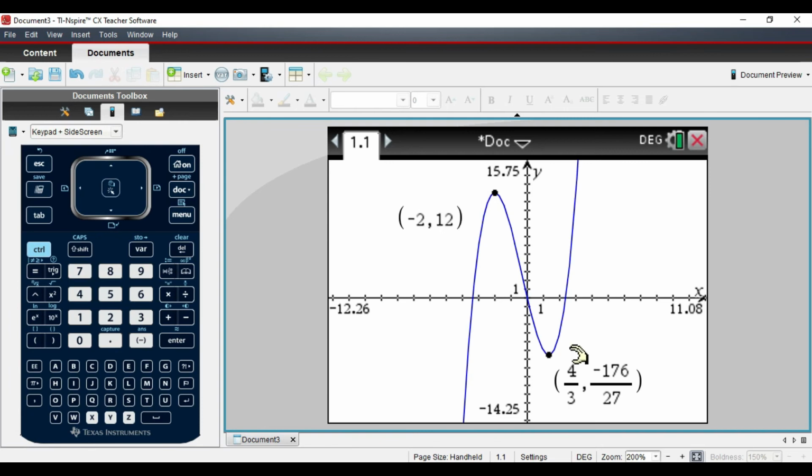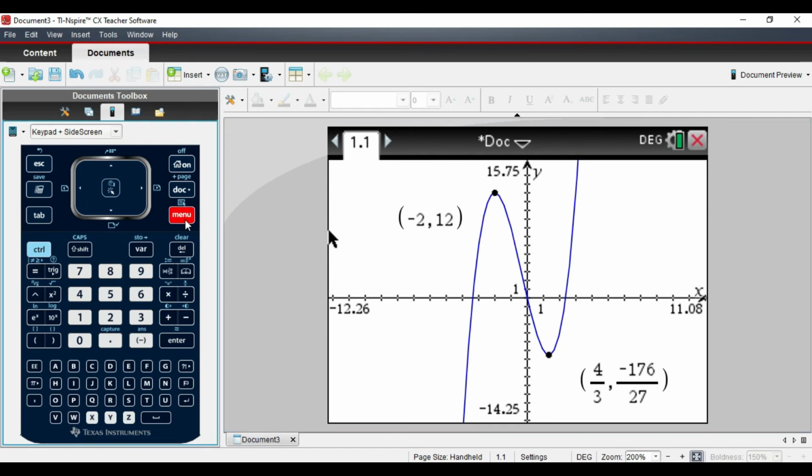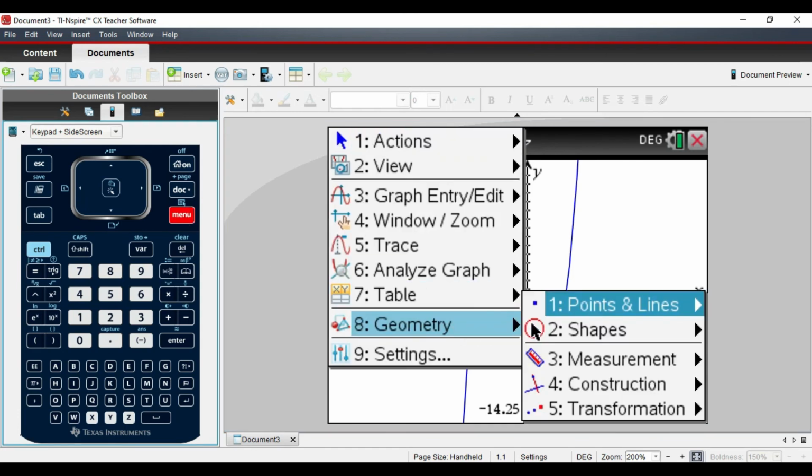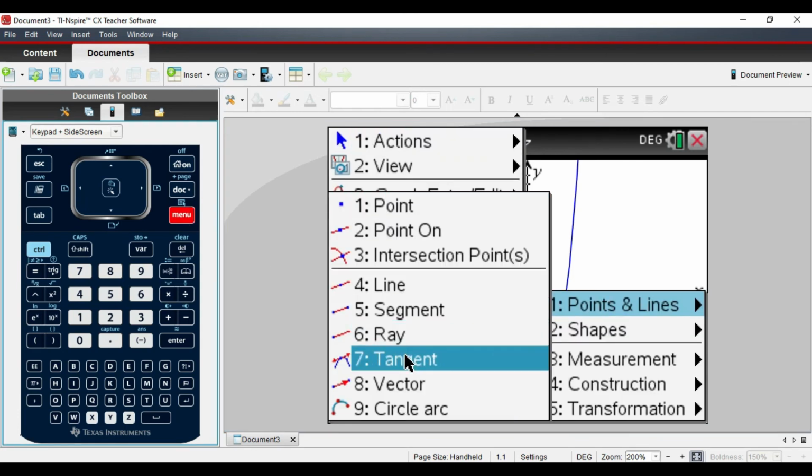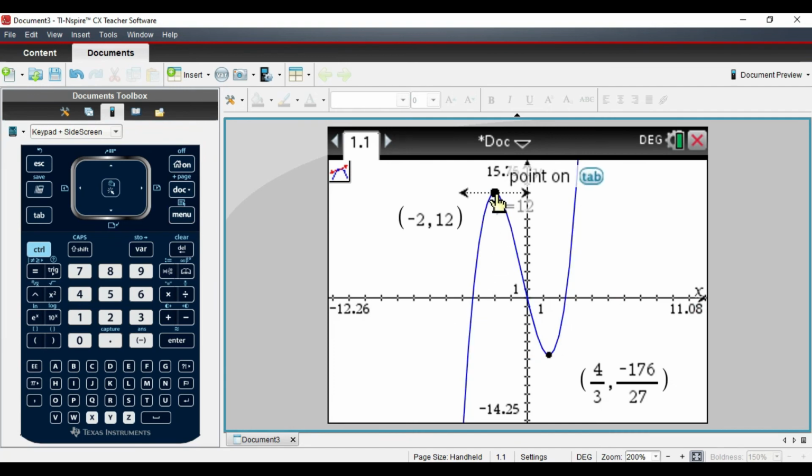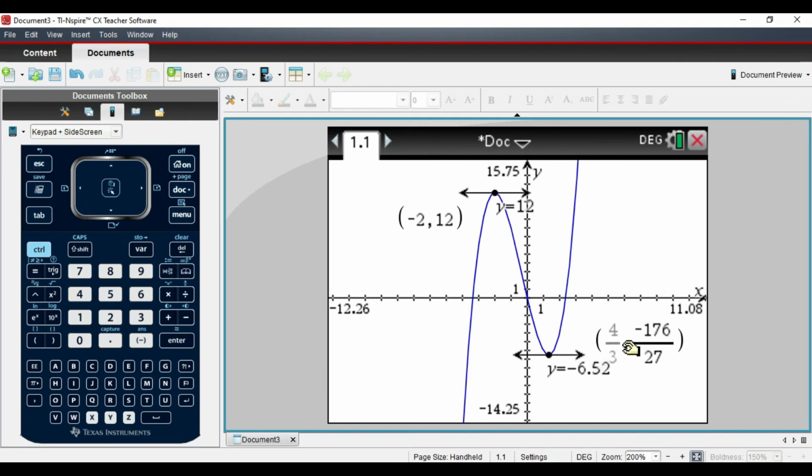And maybe one last thing before we wrap up this video, let's put on our tangent lines using our geometry. First menu, points and lines, and number 7, tangent. And once we click on that point and that point, we can see that we definitely seem to have flat horizontal tangent lines, or I guess what we should say, horizontal tangent lines.